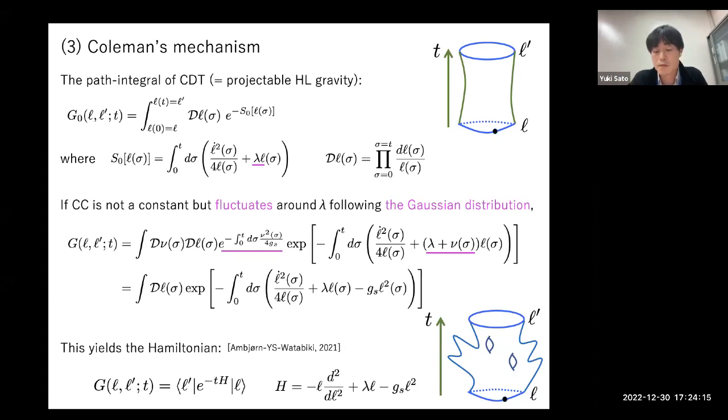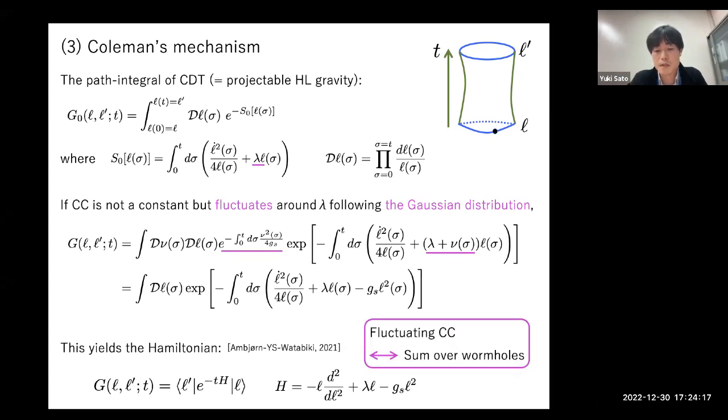Okay, so this means that if there is no wormhole at all, and if you think that the cosmological constant fluctuates in time, then such a behavior can be reconstructed by the sum of all possible wormholes. So this is quite an interesting relation, I think.